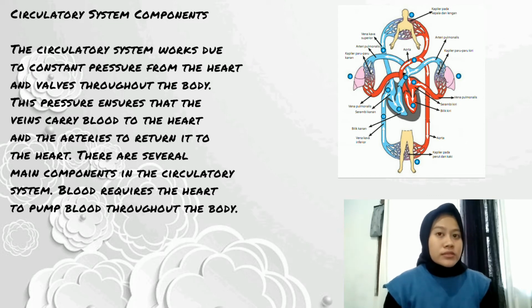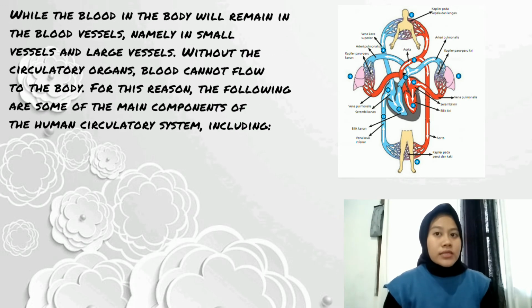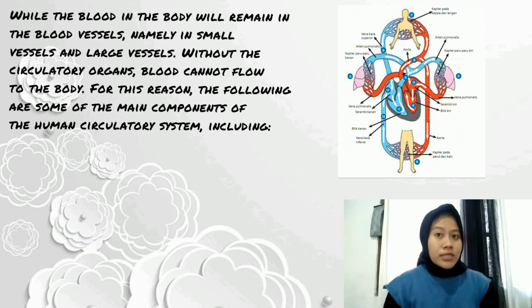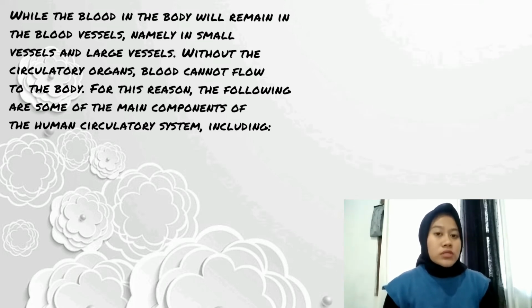Blood requires the heart to pump it throughout the body, while the blood in the body will remain in the blood vessels, namely in small vessels and large vessels. Without the circulatory organs, blood cannot flow to the body. For this reason, the following are the main components of the human circulatory system, including the first, which is the heart.